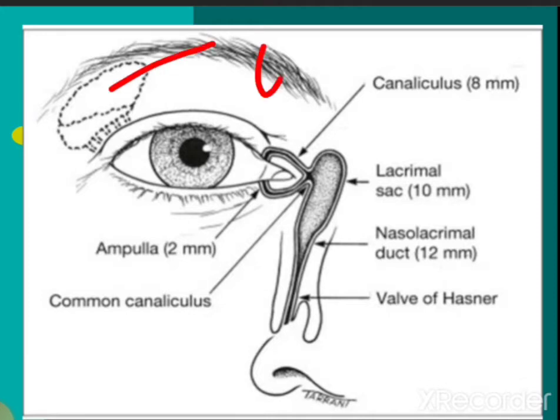This is the lacrimal gland, and the small ducts, these are the lacrimal ducts. Then from here the tear comes into your eyes, and then it is drained by this canaliculus. These canaliculi, superior and inferior, collect the tears and transfer them to the lacrimal sac. Then from here it is transferred to the nasolacrimal duct, and finally it is secreted in the inferior meatus of the nose.